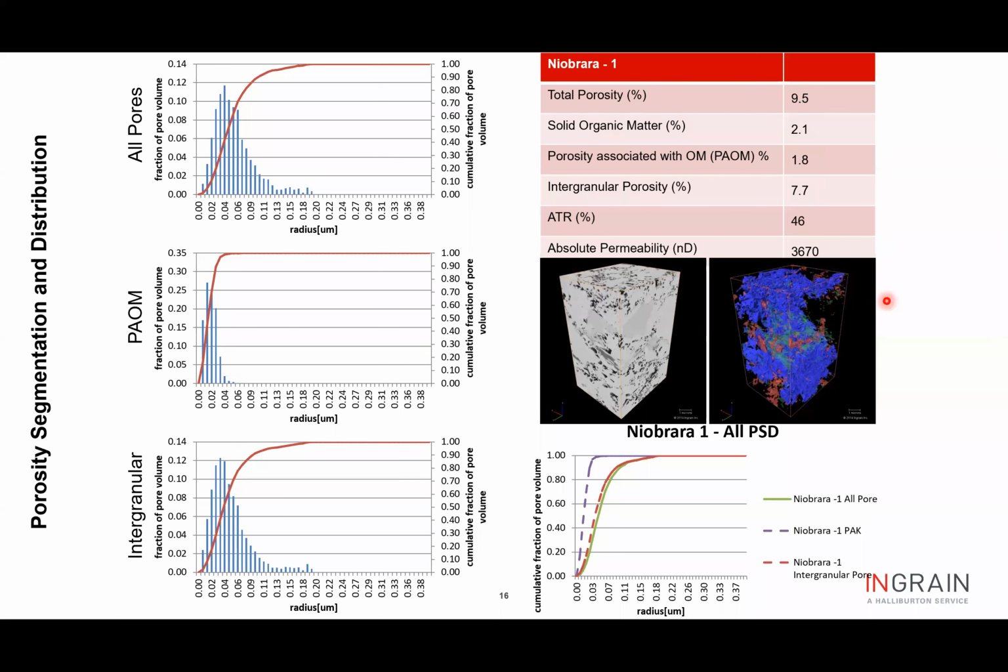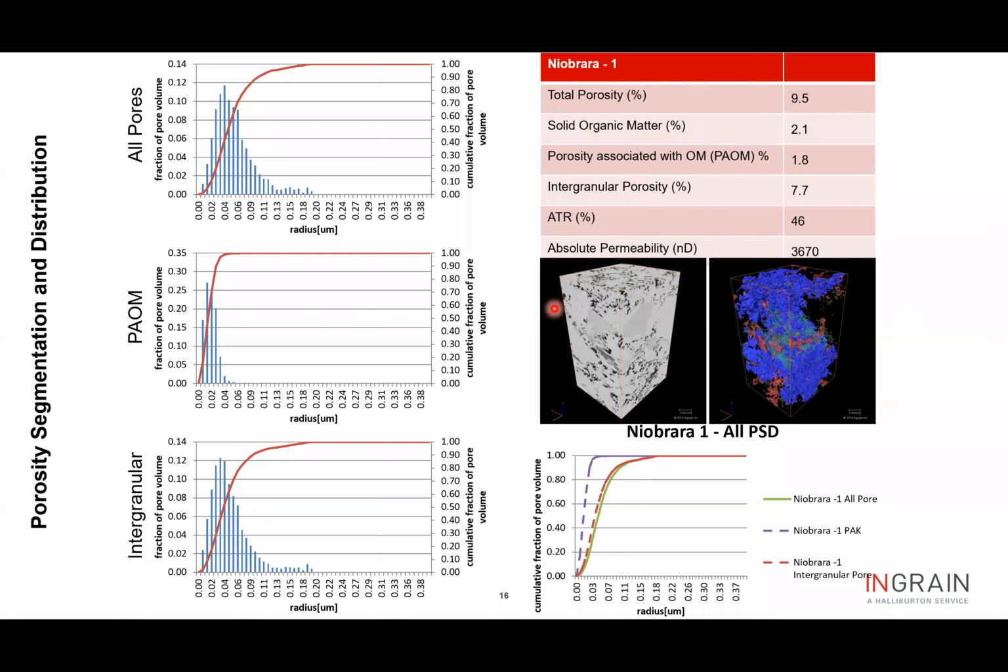So for all pores here, on the x-axis you are seeing the radius, and the y-axis is the frequency. So you can see a distribution of the pore size for all the pores. And PaOM is our porosity associated with organic matter. So how much of the pores are actually organic matter pores, or how much of them are intergranular pores? This information is available.